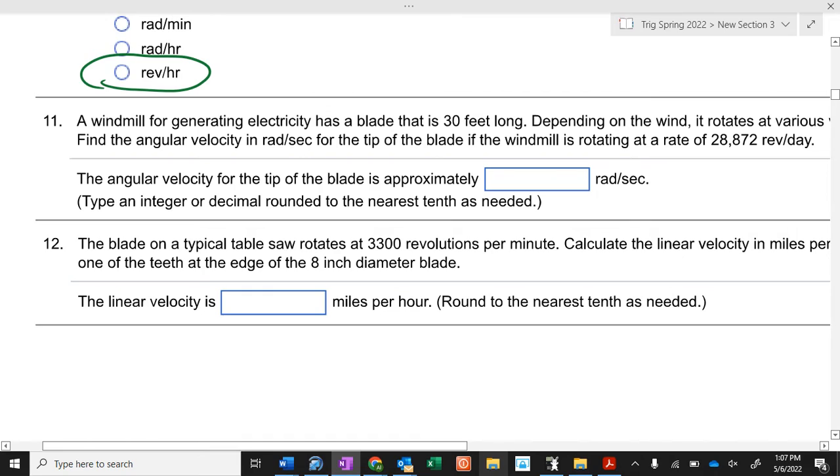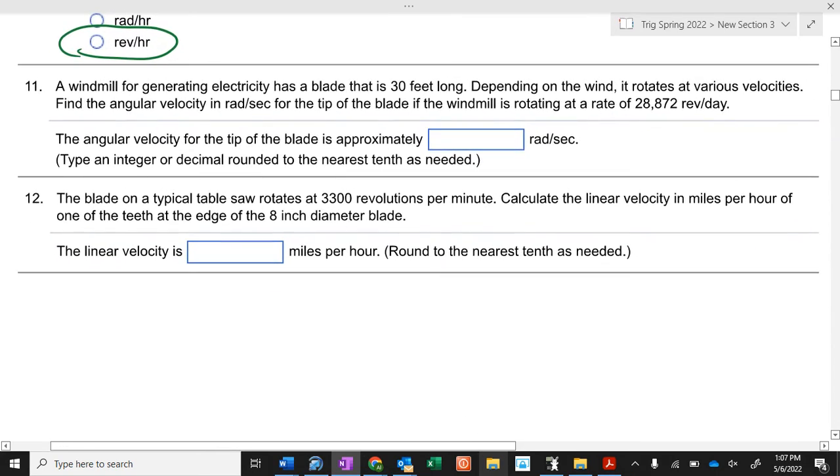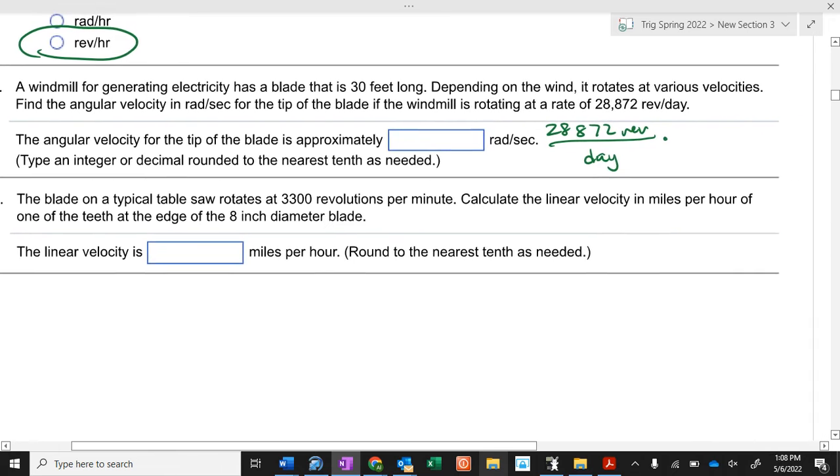A windmill generating electricity has a blade 30 feet long. Depending on the wind, it rotates at various velocities. Find the angular velocities in radians per second for the tip of the windmill rotating 28,872 revolutions per day. And we want radians per second. So what do we multiply by?